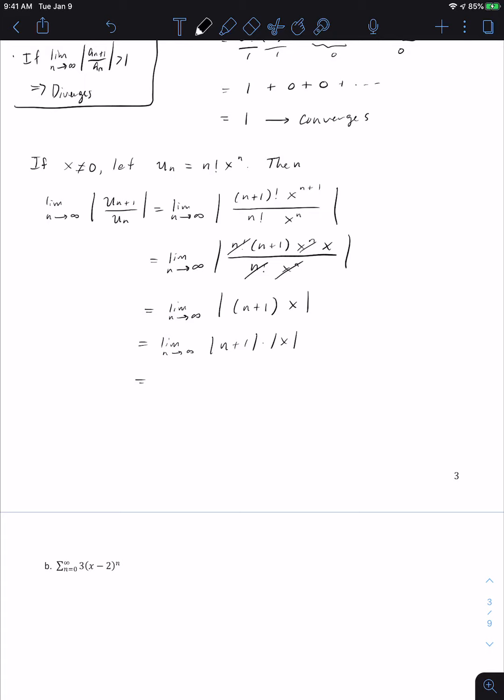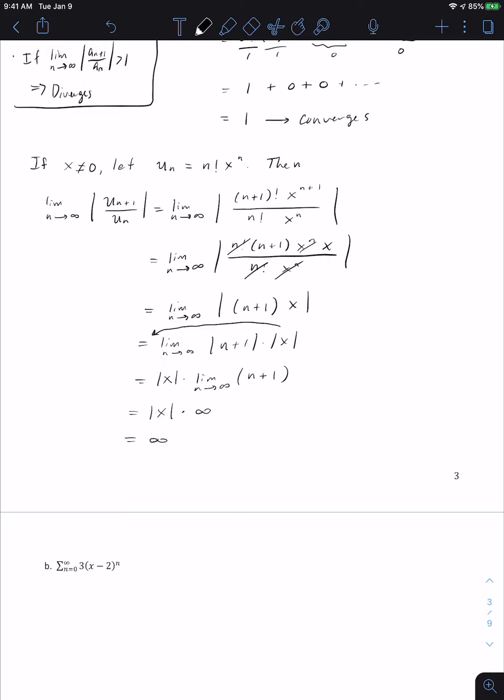Now the x is independent of n, so I can pull it out front like a constant. Then I take the limit as n goes to infinity of n plus 1, which is always positive, so I don't need the absolute values. And now what do I get? I get the absolute value of x times infinity, because when I evaluate that limit, it's infinity.